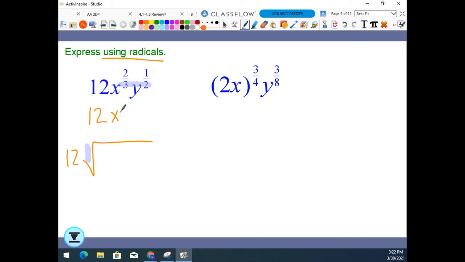The x's, though, I need to get a common denominator with both the x and the y. Well, what's the common denominator with 2 and 3? I need to make each denominator 6. So I'm going to multiply 2/3 by 2/2. So that's 4/6. I'm going to multiply 1/2 by 3/3. That's 3/6. Then I can move the denominator to the root, and then just bring x to the 4th, y to the 3rd down.